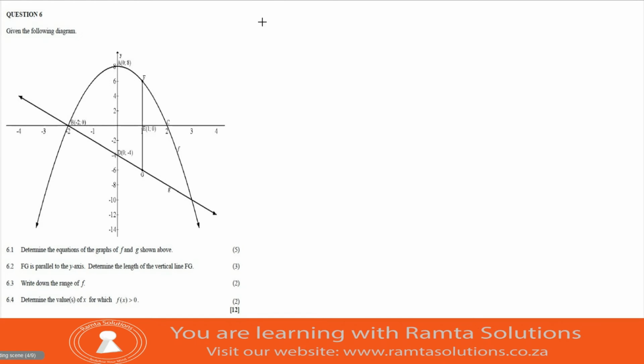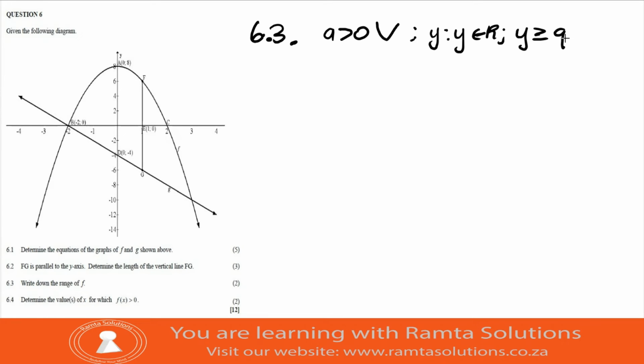Now 6.3 says write down the range of f. Remember, in the videos that we gave you guys, we said when a is positive, your graph looks like this. You will say y is an element of real numbers and y, as you can see, is greater or equal to q. And when a is negative, your function is like this.